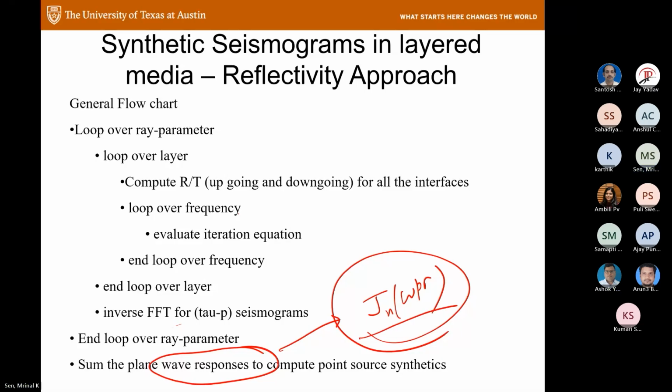Okay. But if you go to the P domain, then there is no spherical divergence. So for inversion, your data is in the XT domain, right? And you want to go to the tau P domain, and there you have to use a Bessel function in the argument to go to the tau P domain. Okay.